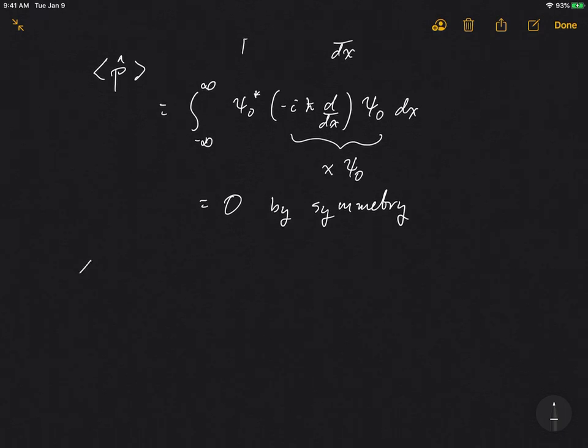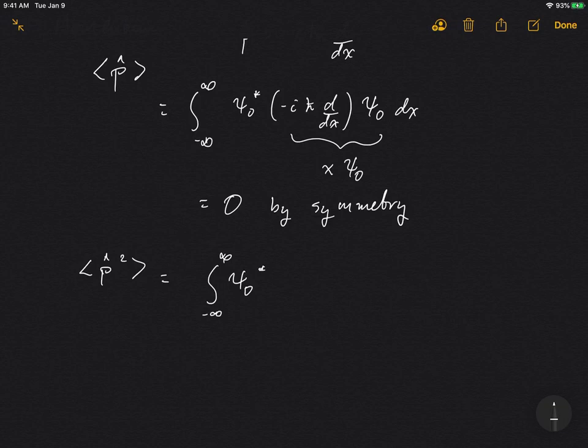For momentum squared, that's going to be the integral from minus infinity to infinity of psi 0 star, which again, the star isn't strictly necessary, but you don't want to get in the habit of forgetting that these wave functions could be complex.